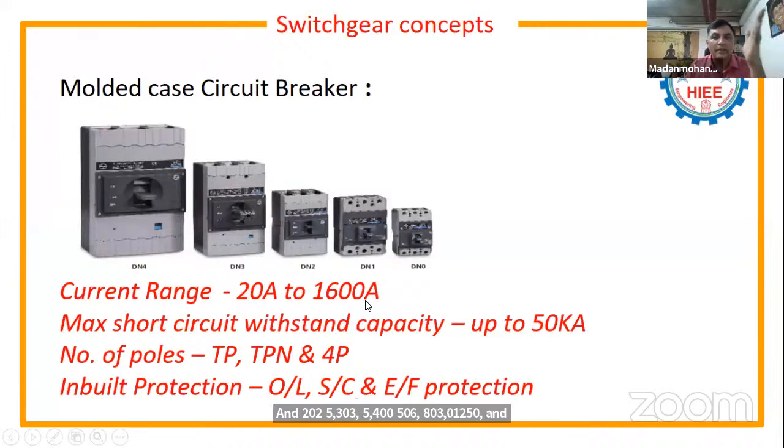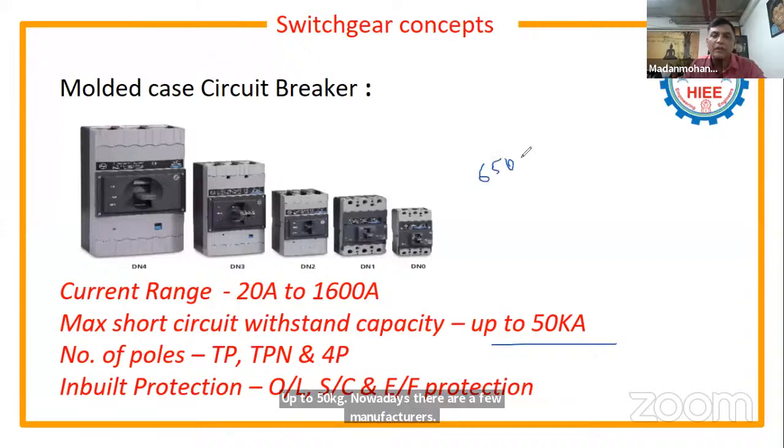These are the standard ratings available in the market, and the maximum short circuit withstand capacity of the circuit breaker is up to 50 kiloamps. Nowadays, a few manufacturers give up to 65 kiloamps MCCBs, maybe ABB or Schneider, so you can check with the respective manufacturers for the maximum short circuit withstand capacity.